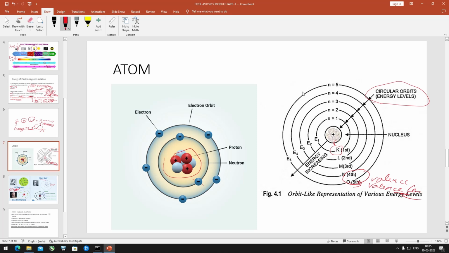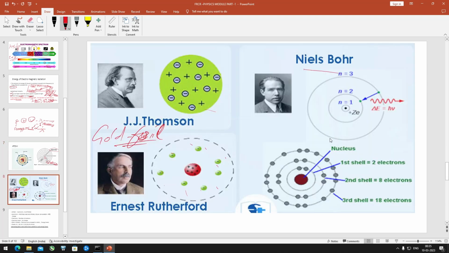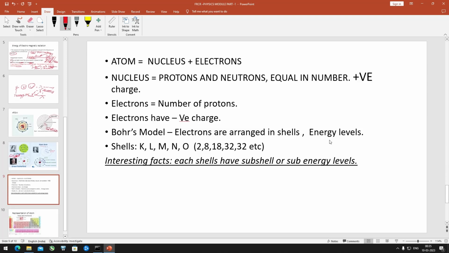One interesting fact here is that each shell has subshells or sub energy levels. Now coming back to the FRCR points. The atom is composed of a nucleus surrounded by electrons in different shells.